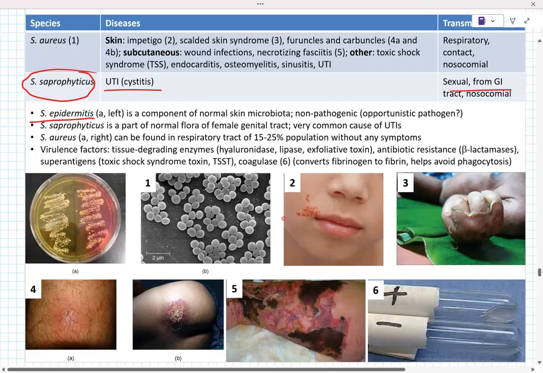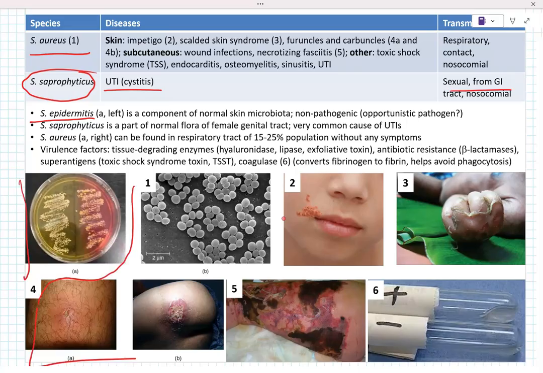The most notorious, the most well-known is Staph aureus. It causes a variety of infections. Here is the illustration of what it can do on the skin.